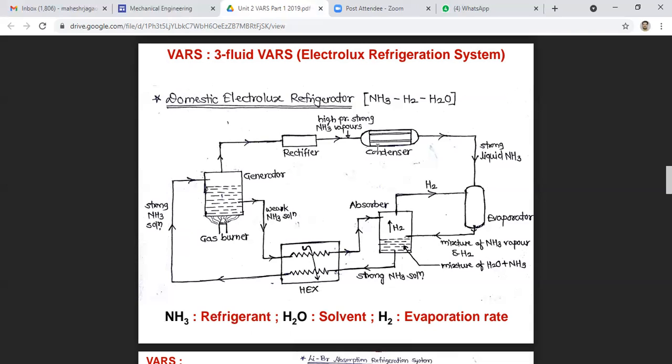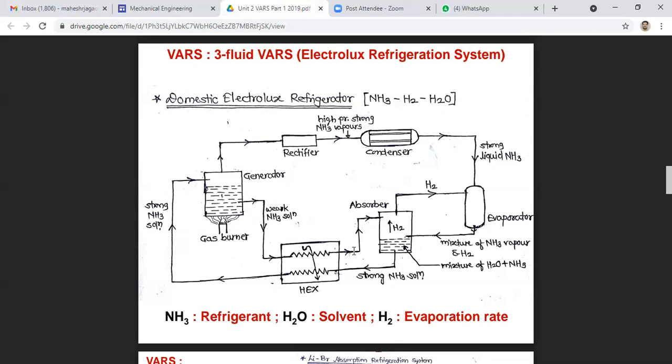The dry ammonia vapors are supplied to the condenser over here. The hot weak solution left behind in the generator flows to the absorber. So from here we are going to supply the weak solution of ammonia again to the absorber via the heat exchanger.